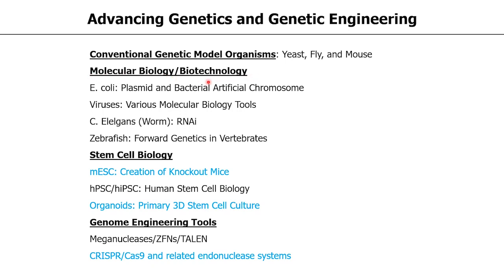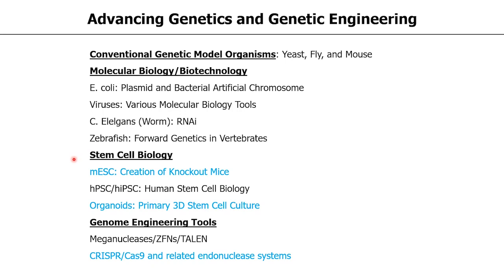In a short summary, it has been really crucial to start using E. coli for plasmid construction, and this has also been very, very important for all kinds of protein production. Viruses have been the teacher of us for various molecular biology tools. And we have also performed genetics using C. elegans and zebrafish.